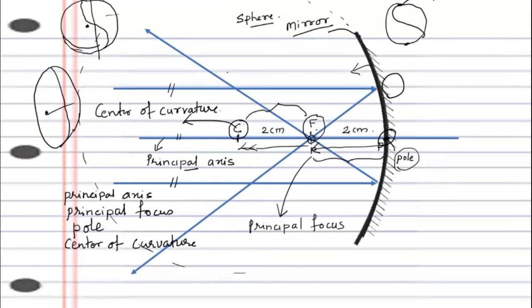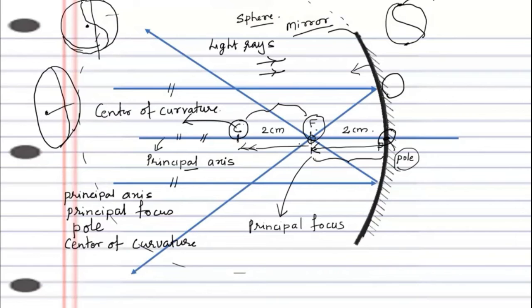So what are the important things to be remembered here? Light rays parallel to the principal axis. They should be parallel to what? The principal axis. You may ask me, what about those which are not parallel to the principal axis? Very well, they will not meet on the principal axis at one single point.